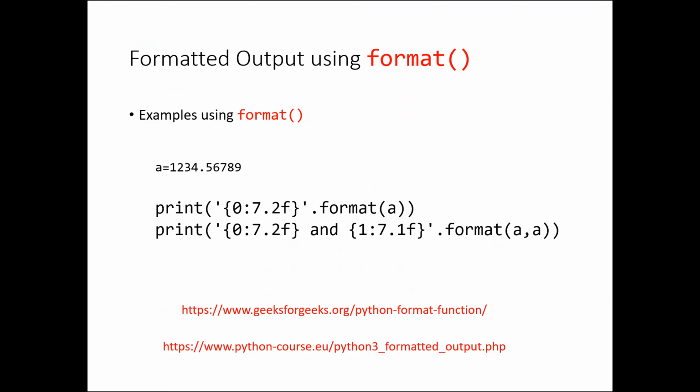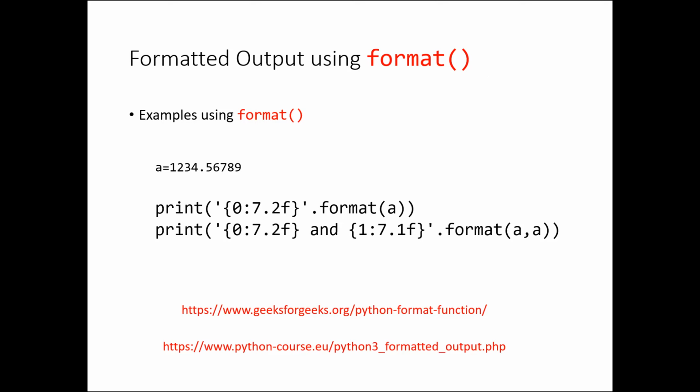I will explain later on what this format is. Within the curly brackets, we represent values, right? Now, for example, let me go back again just to explain how exactly this format works. So this is formatted output. We use the format function.